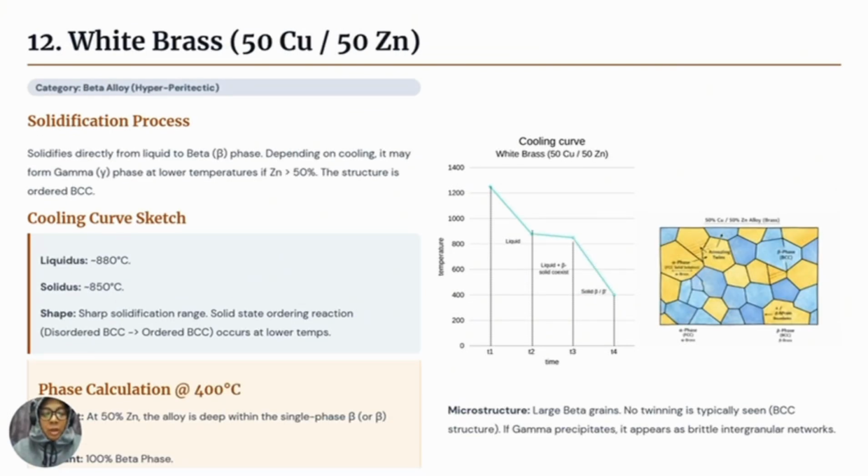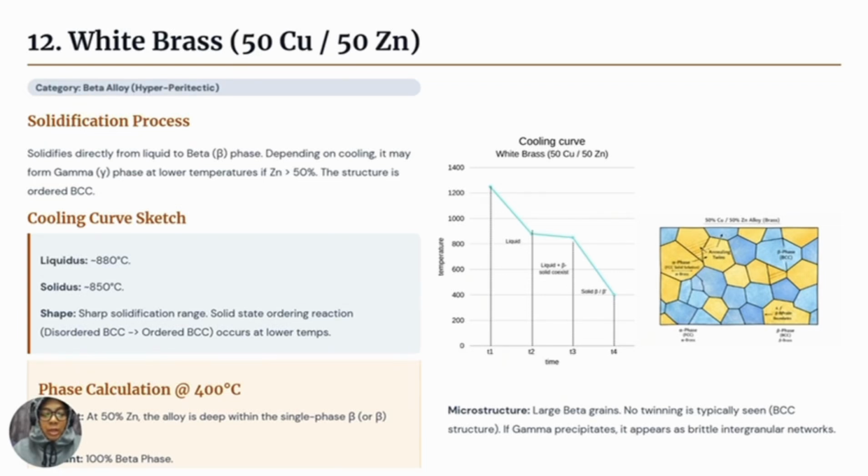White brass. Moving on to white brass, we have an equal 50-50 split of copper and zinc. This is a very different material compared to the alpha-rich brass we usually see.